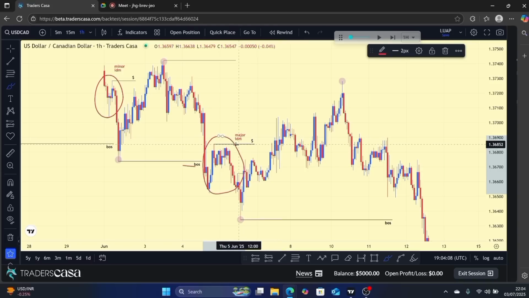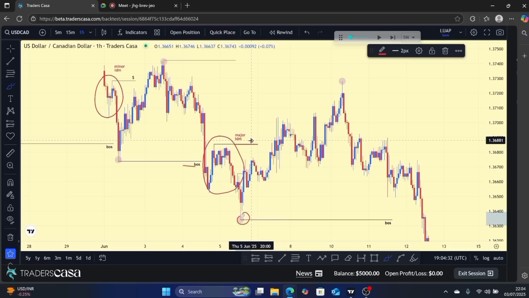I have defined it practically: that recent buy side liquidity that we were waiting for price to come back and grab, so that we can confirm this low to be a valid swing point, is what is called the inducement.